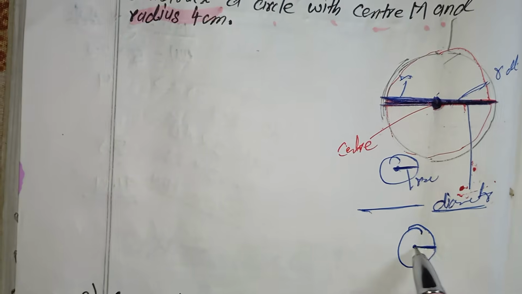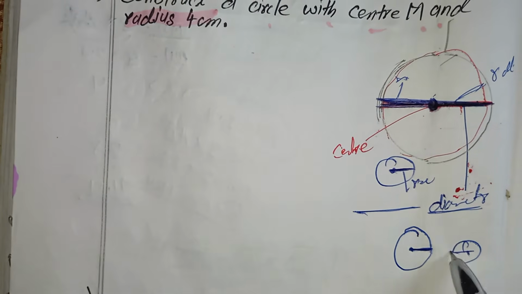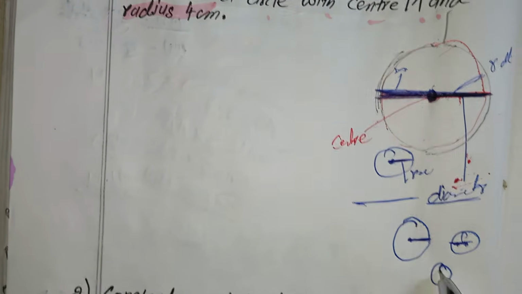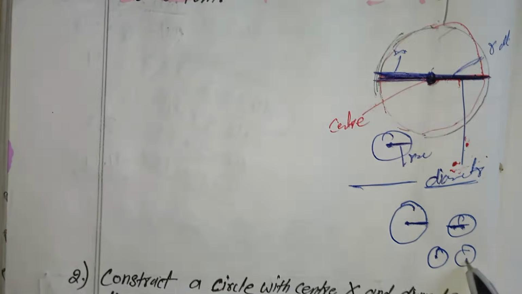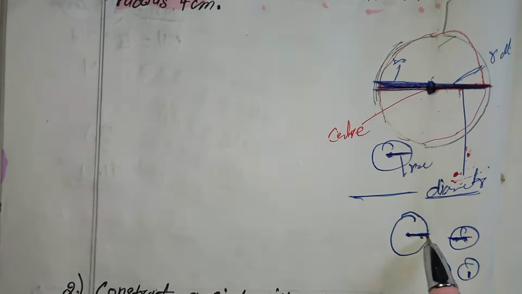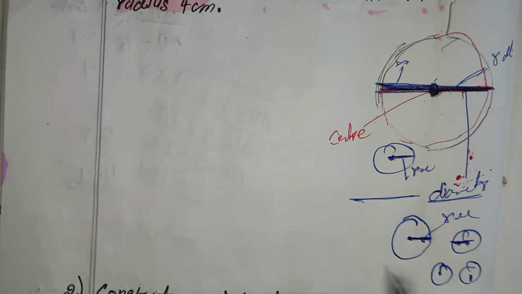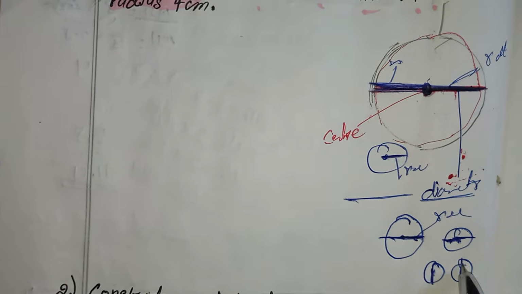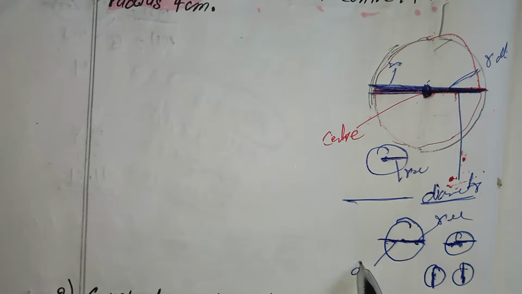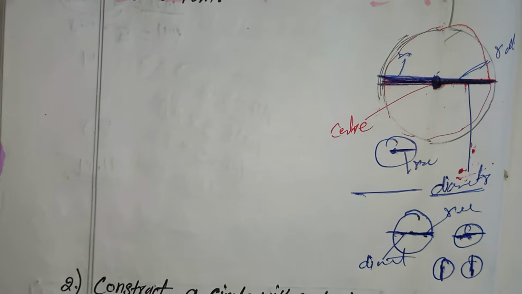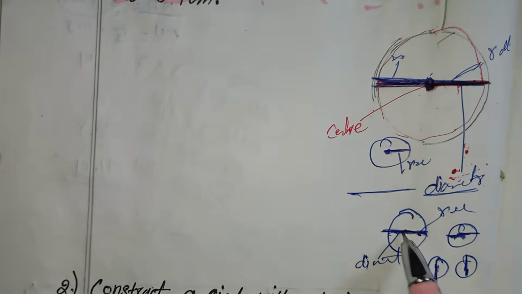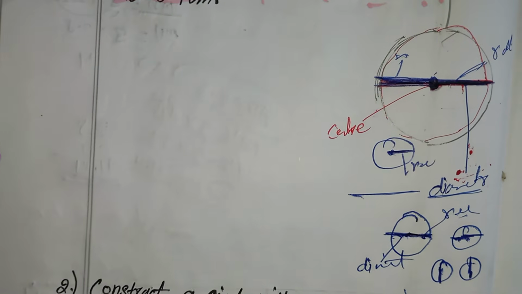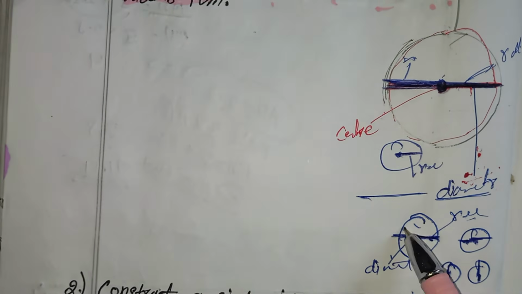If it is a full line across the circle, it is called the diameter. Remember, the half line of the circle is called the radius, the full line is the diameter, and the middle is called the center.